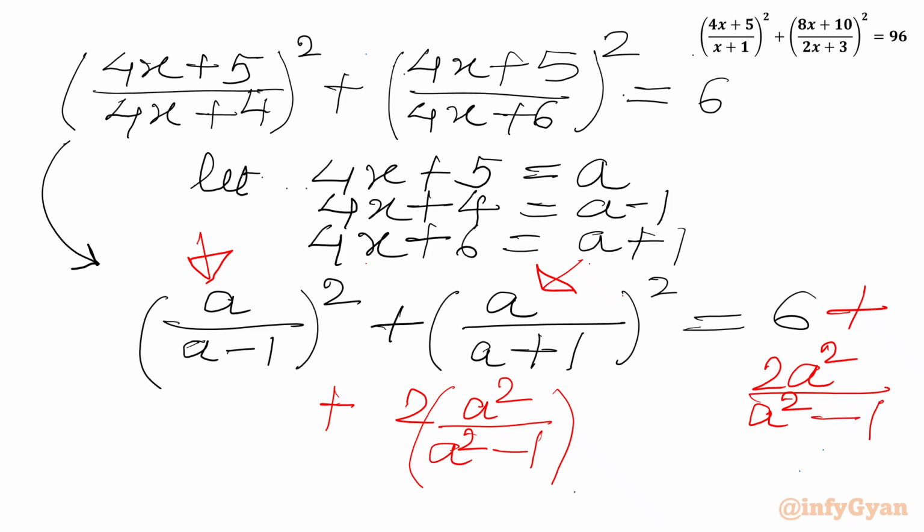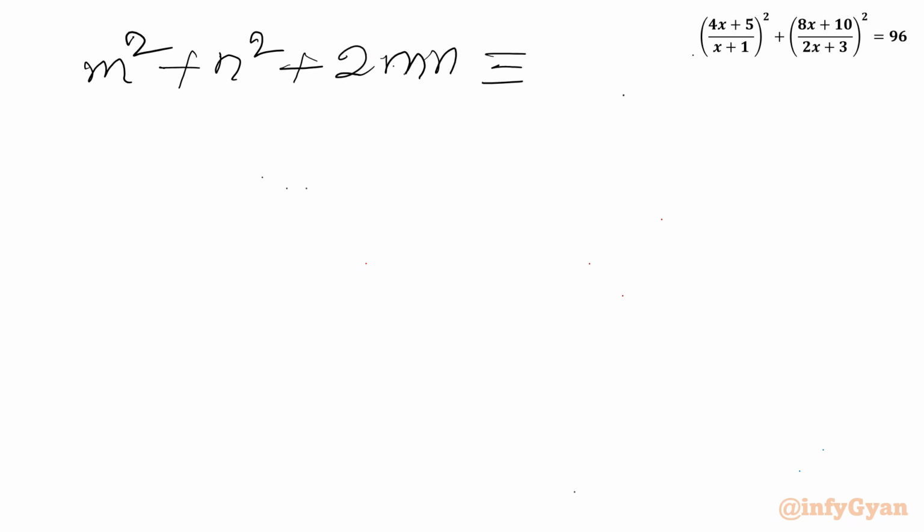Now you can see if I will write one formula for a plus b whole square, or we can use other variable, I will write m square plus n square plus 2mn. Then we can write this is m plus n whole square in our LHS.